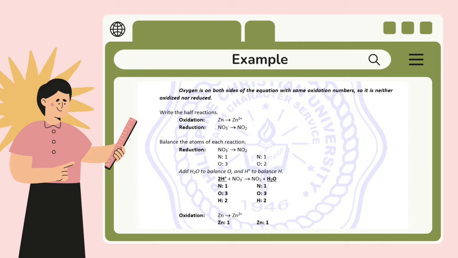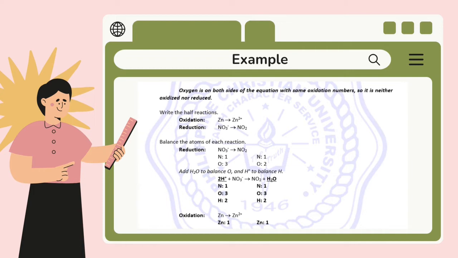For the oxygen, on the left side we have 3, on the right side we have 2. So oxygen is not balanced. We're gonna be adding water molecules to balance oxygen and H⁺ to balance the hydrogen. So we're gonna be having 2H⁺ + NO3⁻ produces NO2 + H2O.